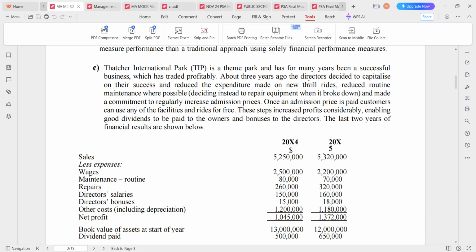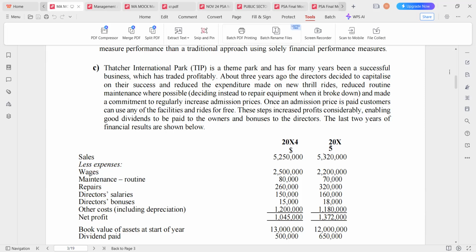About 3 years ago, the director decided to capitalize on their success and reduce the expenditure made on new rides, reduce routine maintenance where possible, deciding instead to repair equipment when it broke down, and made a commitment to a regular increase in admission prices.